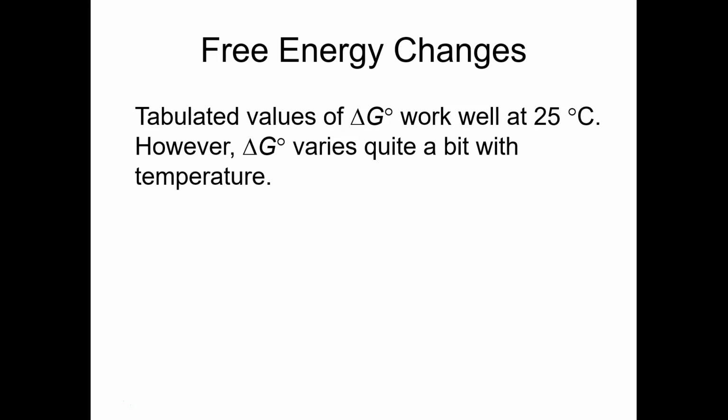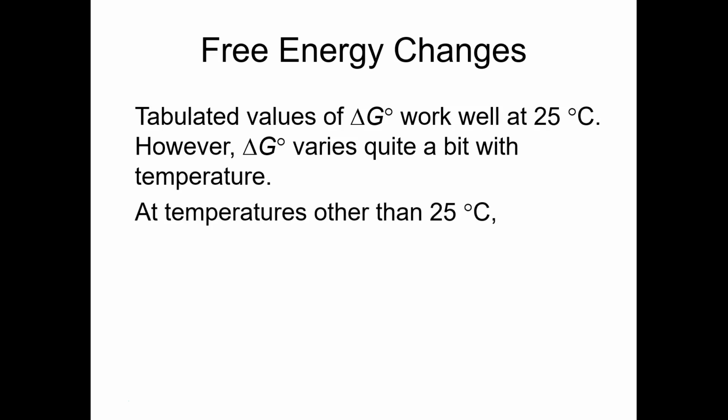So if the entropy change of the universe can be strongly affected by temperature, and delta G of the system is related to the entropy change of the universe by temperature, then it stands to reason that the delta G of the system is also going to be quite subject to temperature.